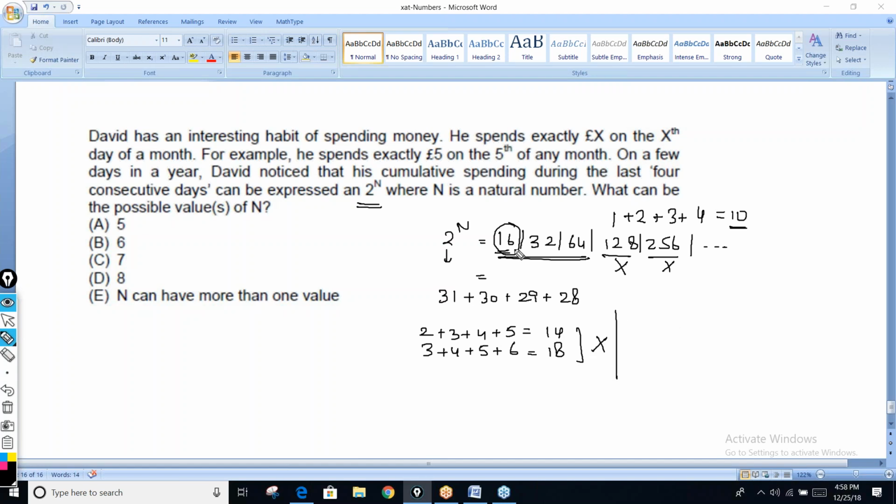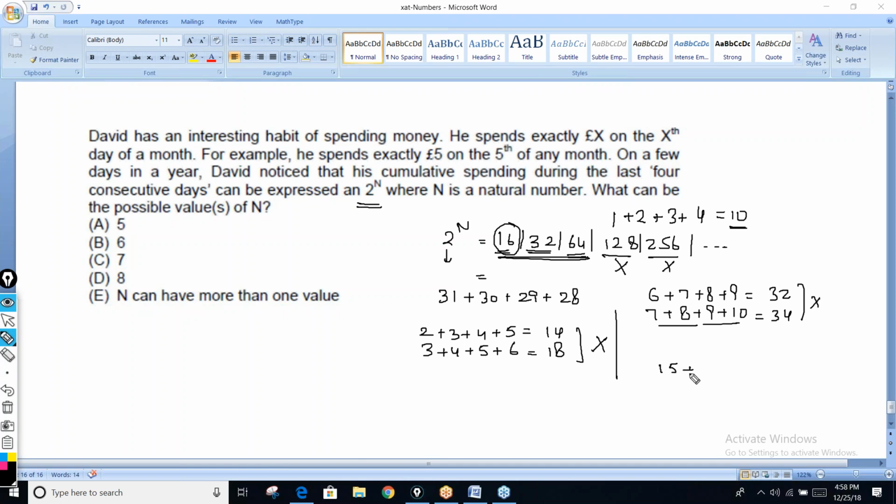Similarly, if I look for 32, the average is 8, right? If I look for the numbers 7 plus 8 plus 9 plus 10, that is 19 plus 15, that will be 34. And if I take it one lesser number 6, 7, 8, 9, the answer will be 32. Again, not possible. If I take 64, the average is 16.